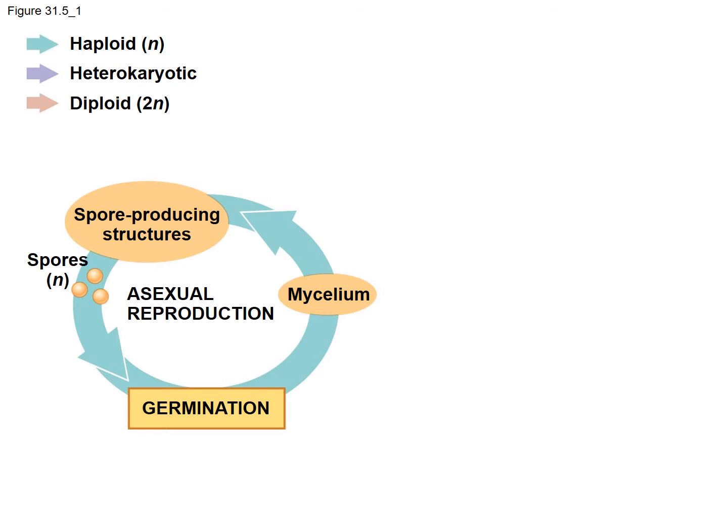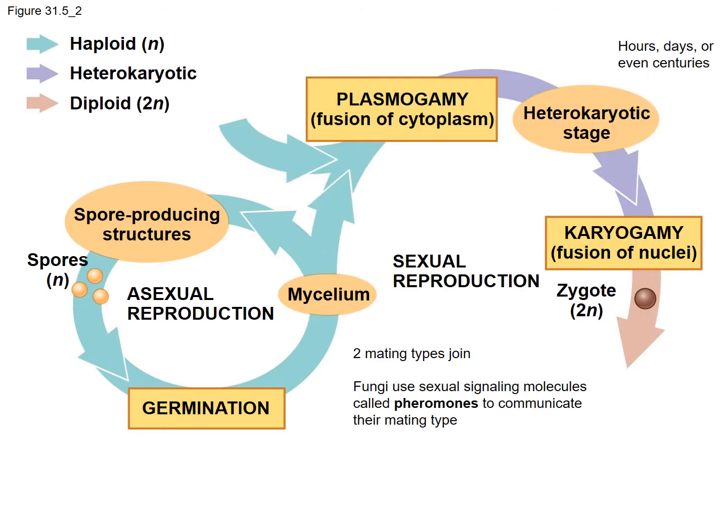So let's look at a general life cycle of sexual reproduction. Now, often they're linked, right? So we have these spores that are going to be released by the spore-producing structures. But in sexual reproduction, the spores can develop into hyphae, which will then fuse with a hyphae from another mating type.